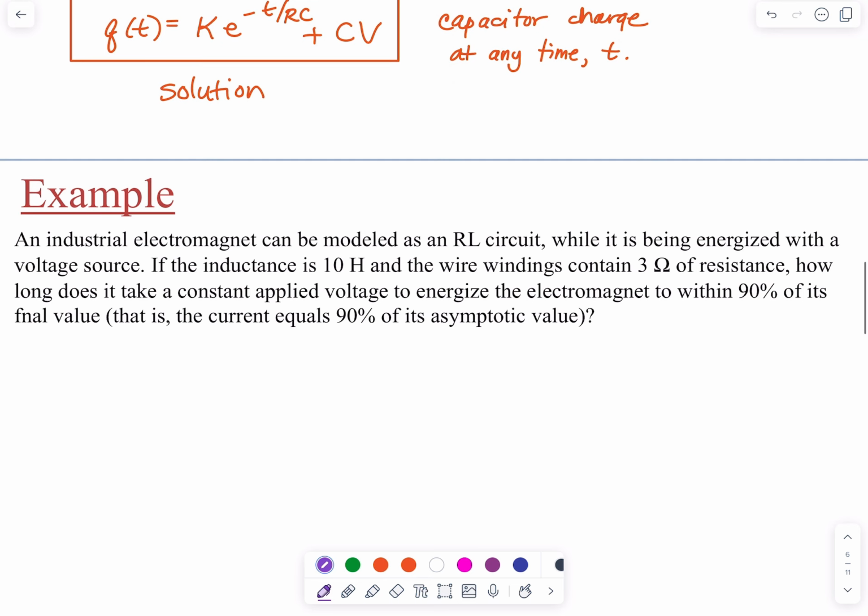Okay, so let's see what we have for our first example. An industrial electromagnet can be modeled as an RL circuit while it is being energized with a voltage source.